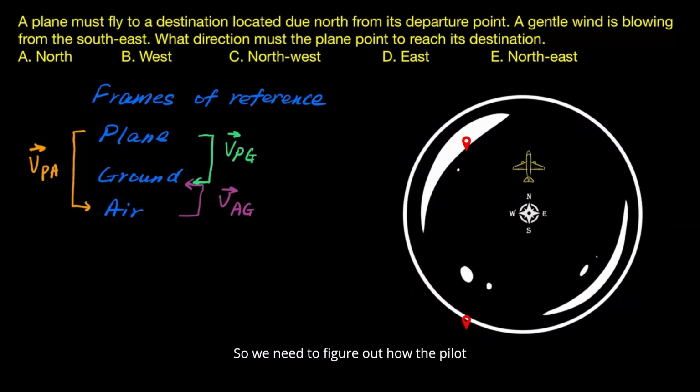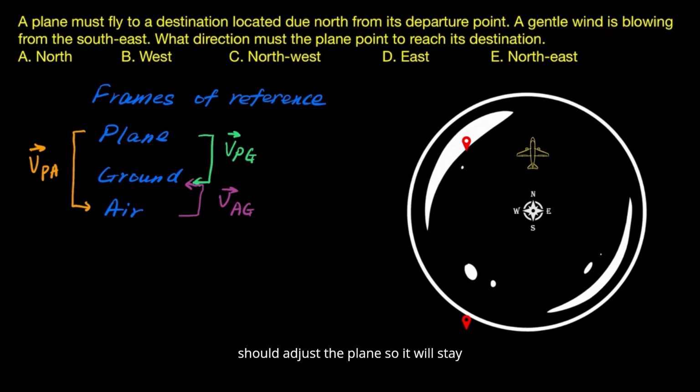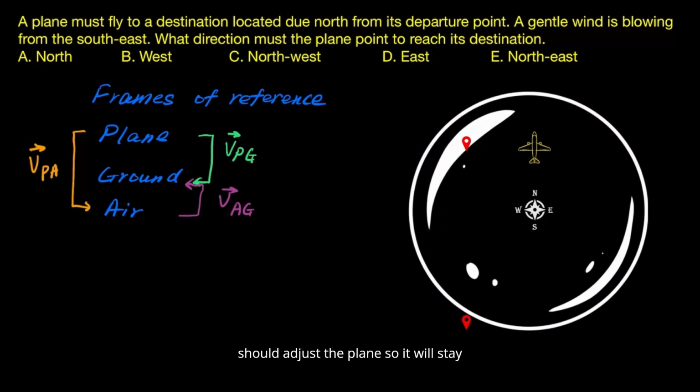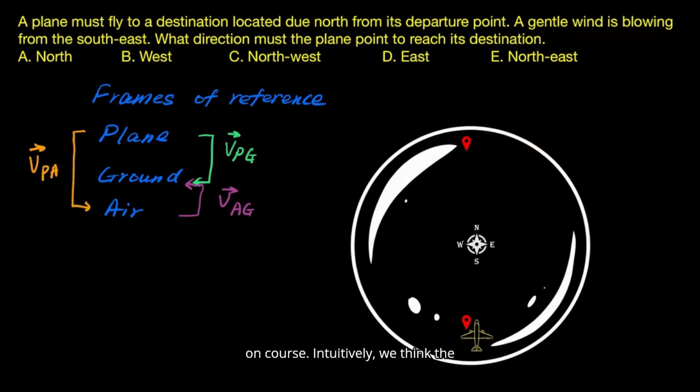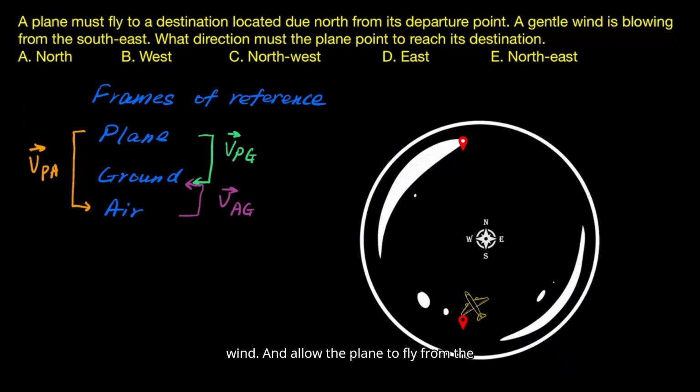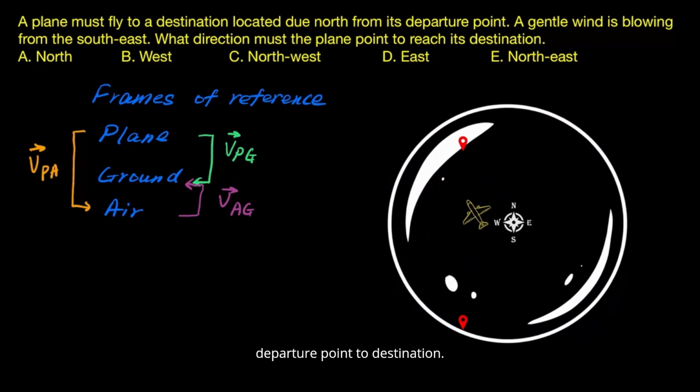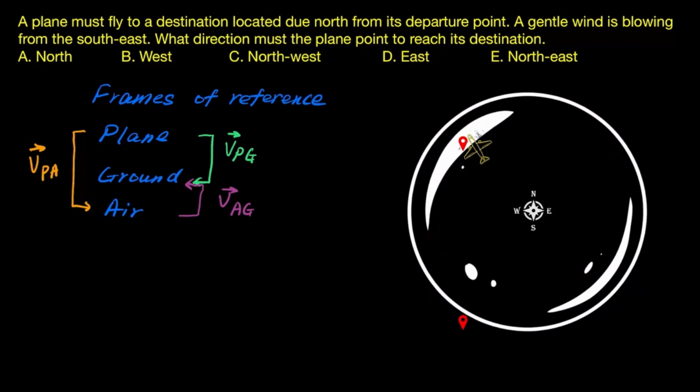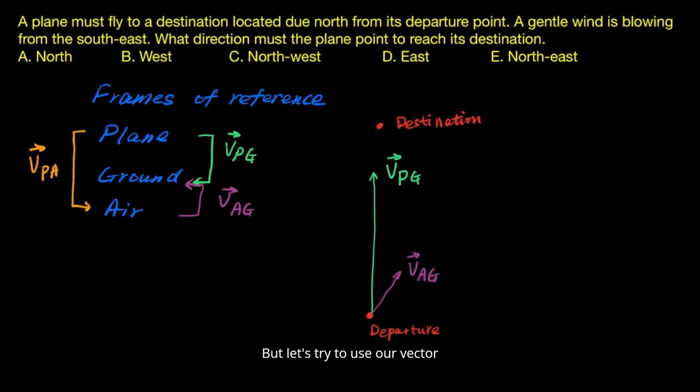So we need to figure out how the pilot should adjust the plane so it will stay on course. Intuitively, we think the pilot should turn the plane slightly towards the northeast. That's actually correct, and this will counteract the wind and allow the plane to fly from the departure point to the destination. But let's use our vector operations, which can tell us the exact direction and speed.